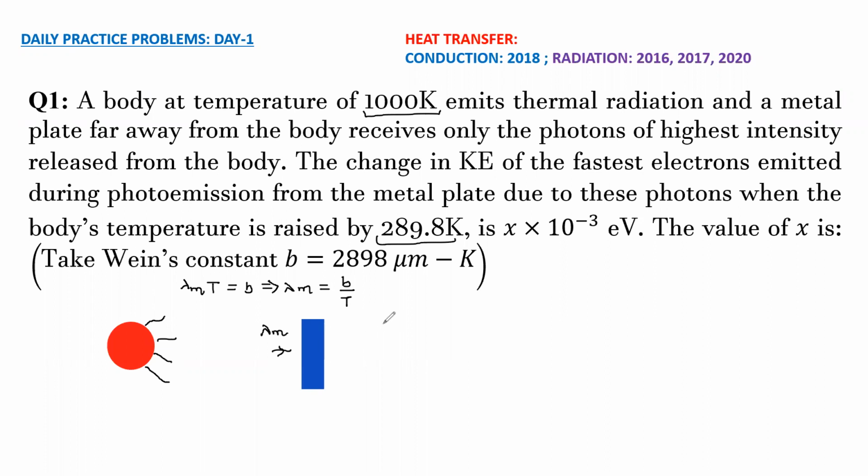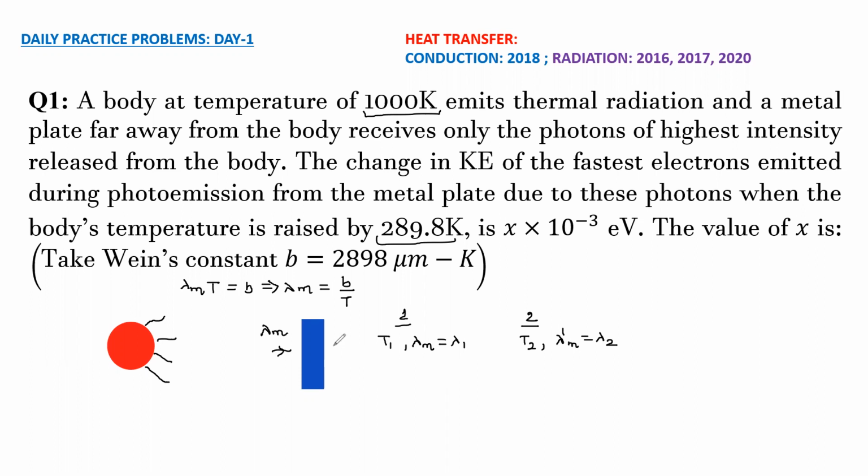So there are 2 instances, first instance and second instance. In the first instance, the temperature is, let's say, T1, and lambda m in that case is, let us say, lambda 1. And in the second instance, the temperature is T2, and the corresponding lambda m is equal to lambda 2. Or you can put lambda m dash, no problem.